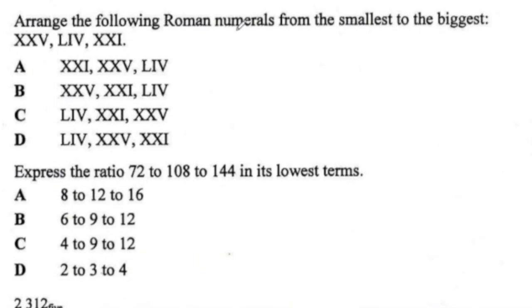Arrange the following Roman numerals from the smallest to the biggest. Okay, so we have these. This is 25. Let me try to rewrite these and write them in Arabic numerals, then later we will identify the one which is correct.